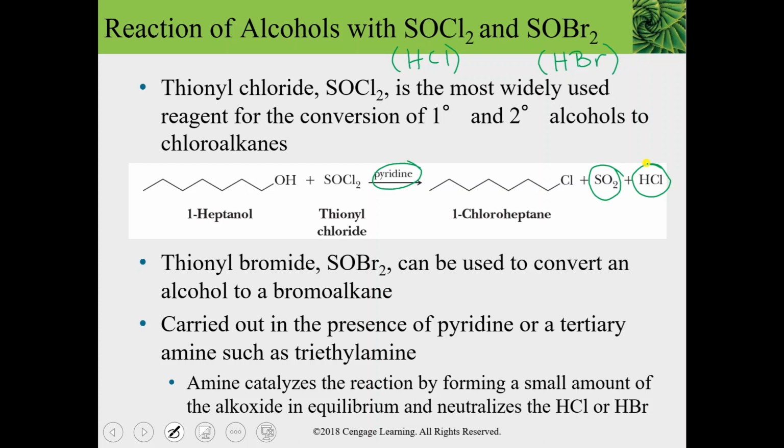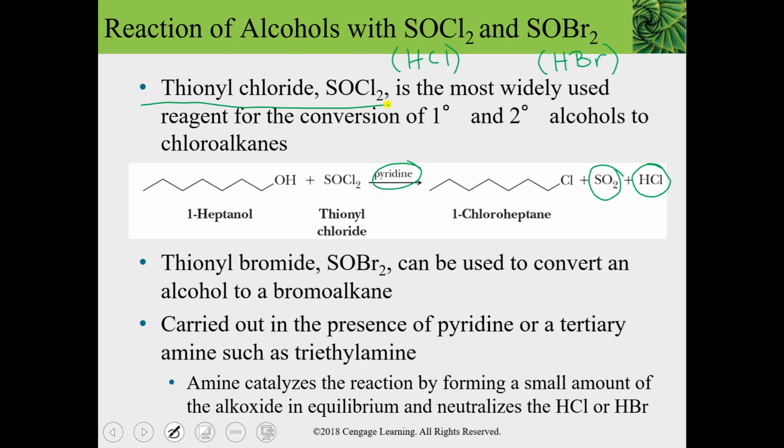So this happens primarily with primary and secondary alcohols for the chloroalkanes. If we want to go from a primary and secondary alcohol to a chloroalkane, the most popular is going to be thionyl chloride. Less rearrangement, significantly less, if not any at all.